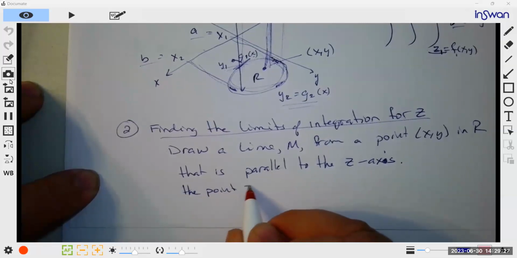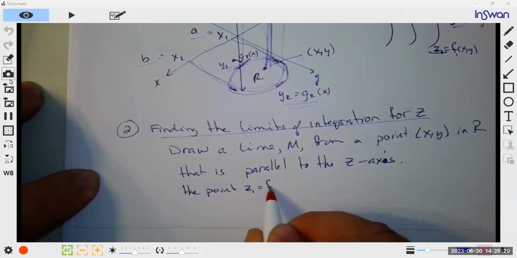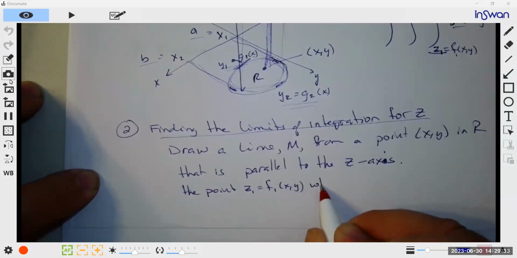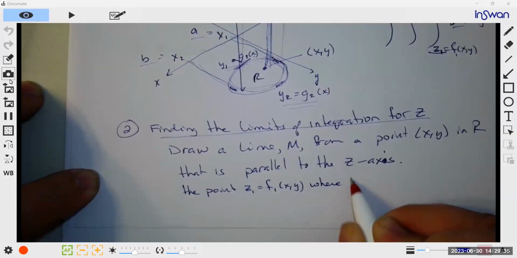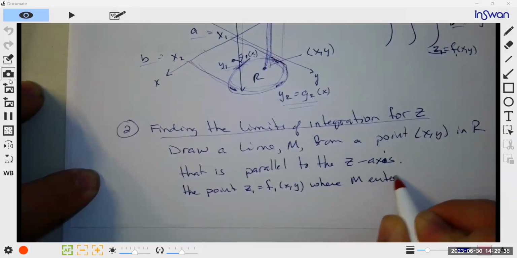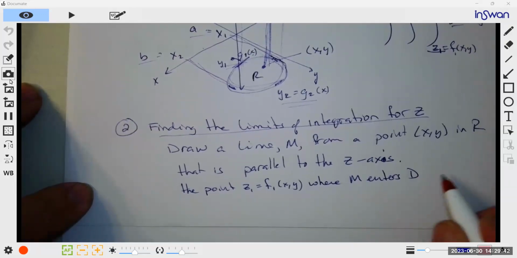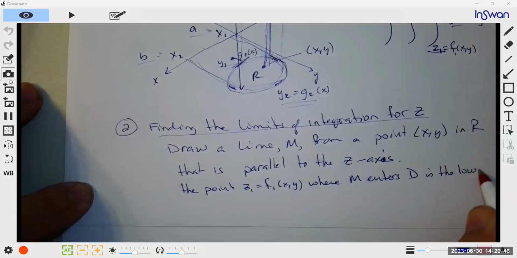The point where M enters our object in 3-dimensional space is the lower bound.